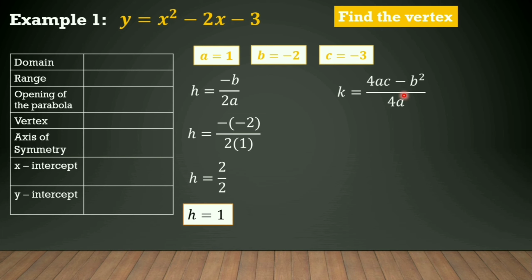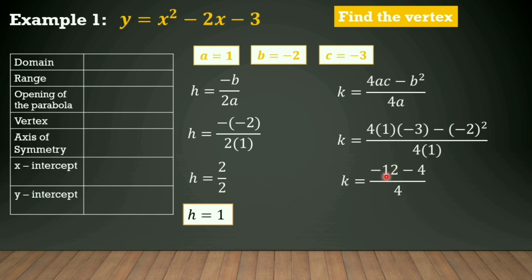Next, solve for the value of k. Again, substitute to this formula. So 4 times 1, a is 1, c is negative 3, minus quantity negative 2 for b squared, divided by 4 times 1, which is the value of a. So 4 times 1 times negative 3 is equal to negative 12, minus, bring down.